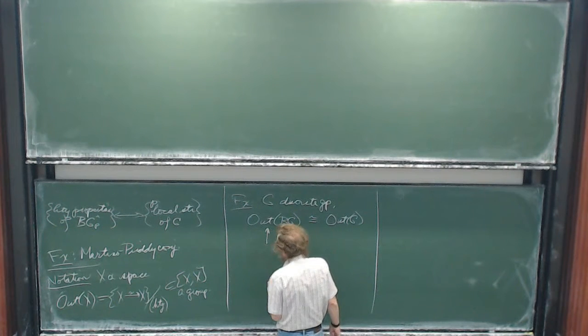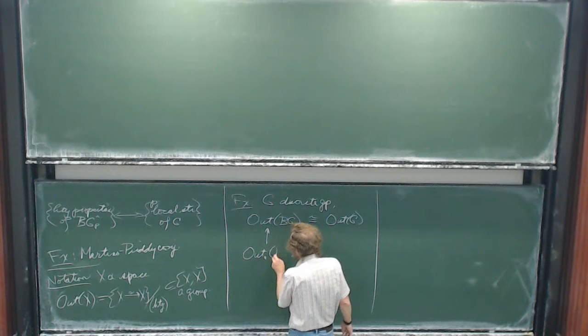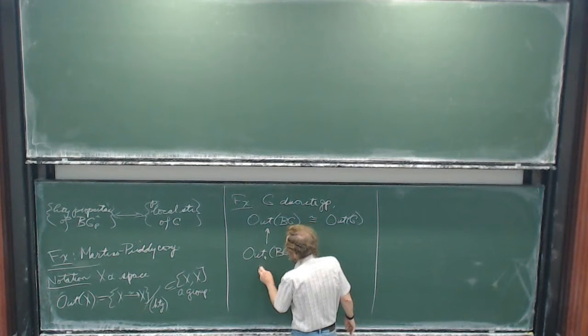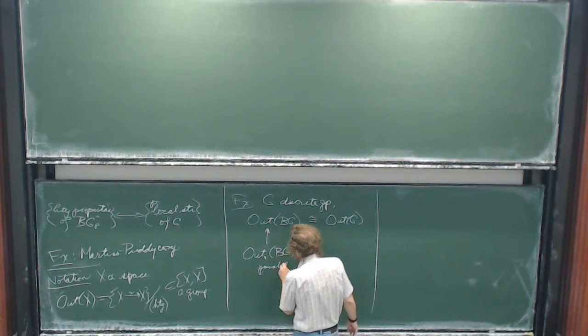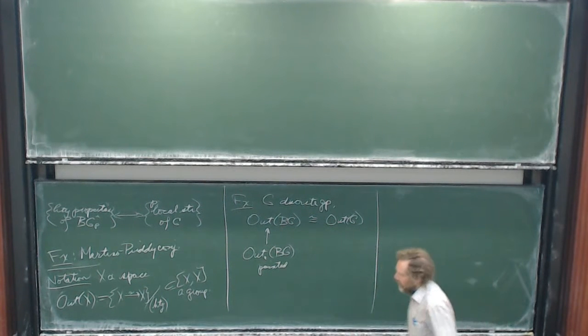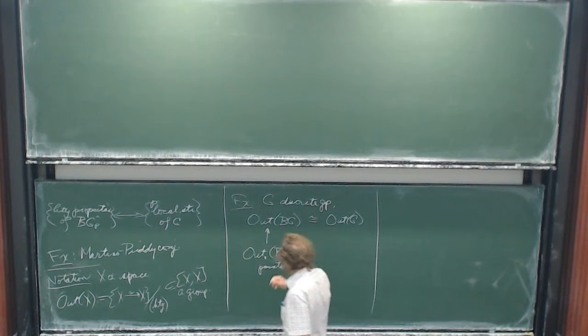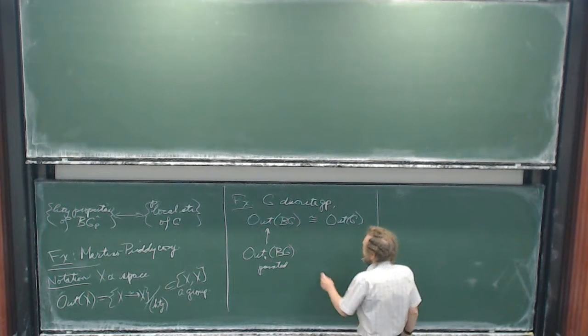So not just, oh, no, looking at pointed maps. So I'll write it this way. I haven't defined it, but take all homotopy equivalences that preserve the base point, modulo homotopies that preserve the base point.